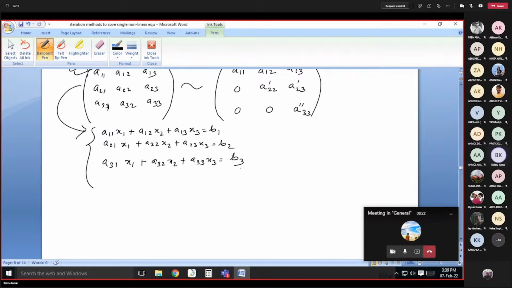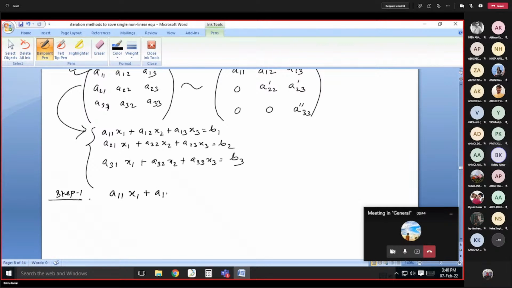Okay, so what you will do from the given system, in first step, first equation unchanged.